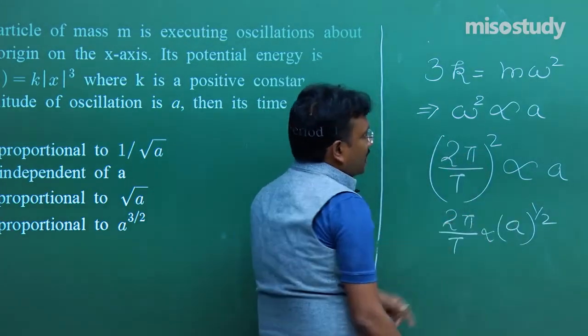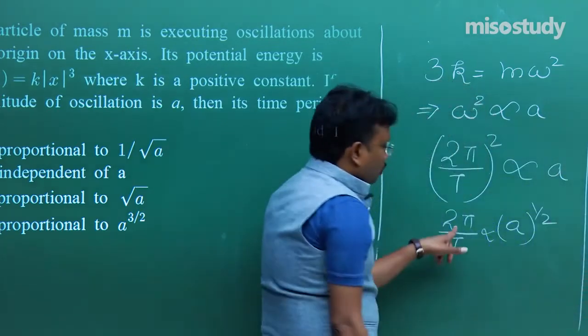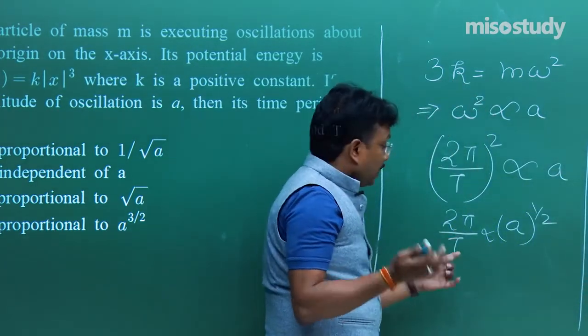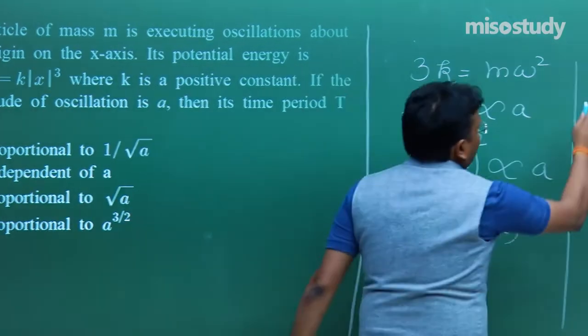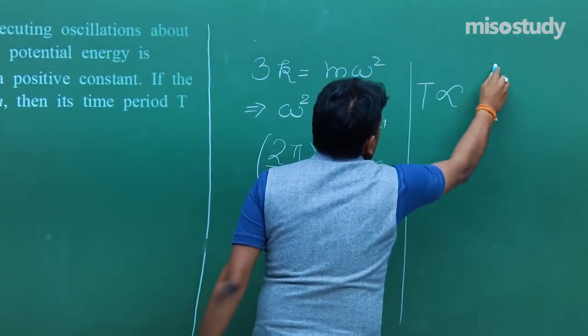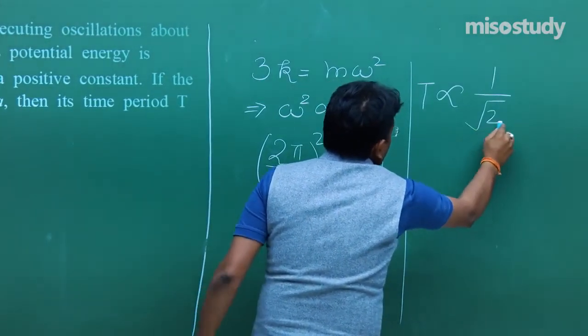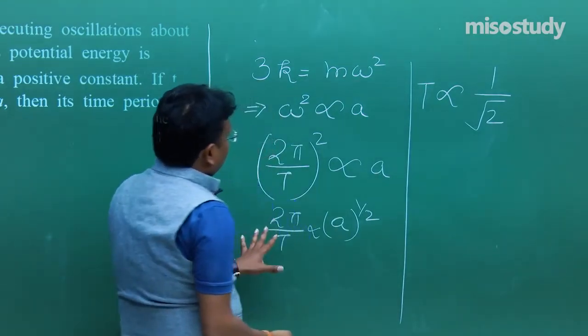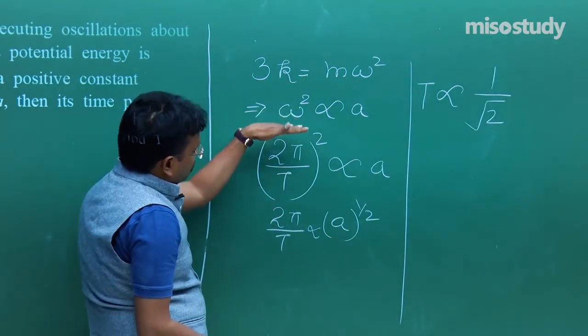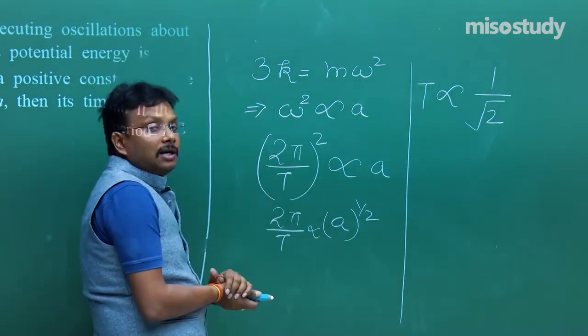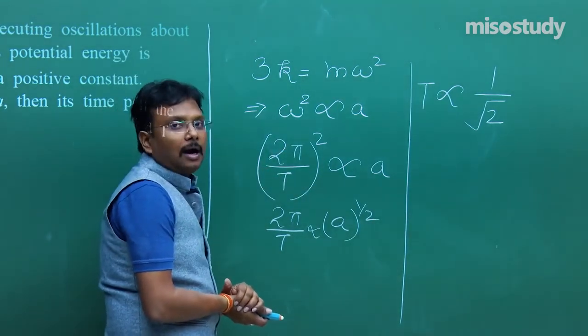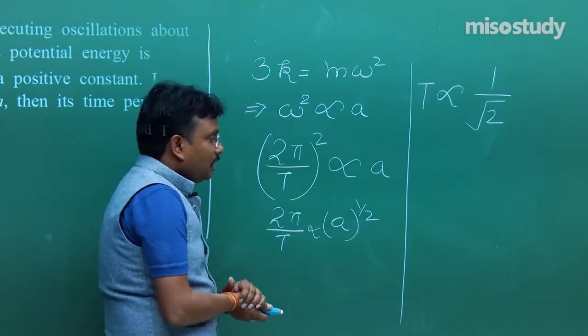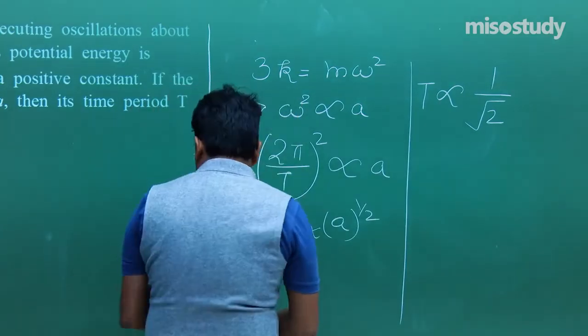So from here, 2 pi is a constant term, T and a. Simple. So the problem is not difficult. Certain terms are associated in such a fashion that you have to think about those terms. That's the simple explanation of this problem.